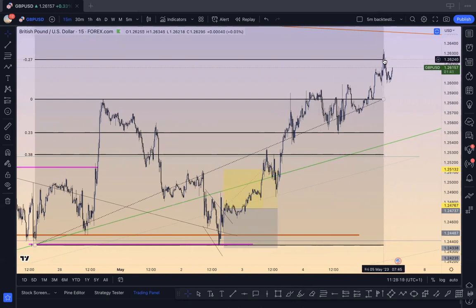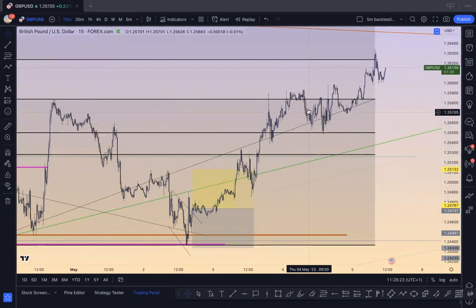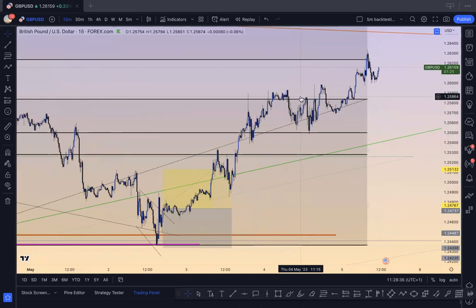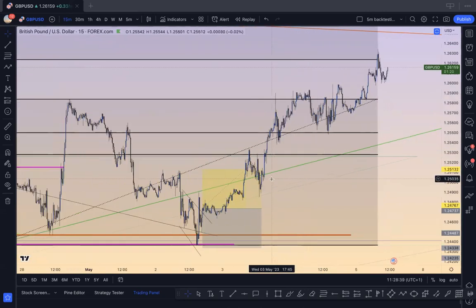So we reached it this morning. I pulled the trade here because we just took the high, we had divergence, and I didn't want to risk it going all the way down and then up again. So I secured my profits.